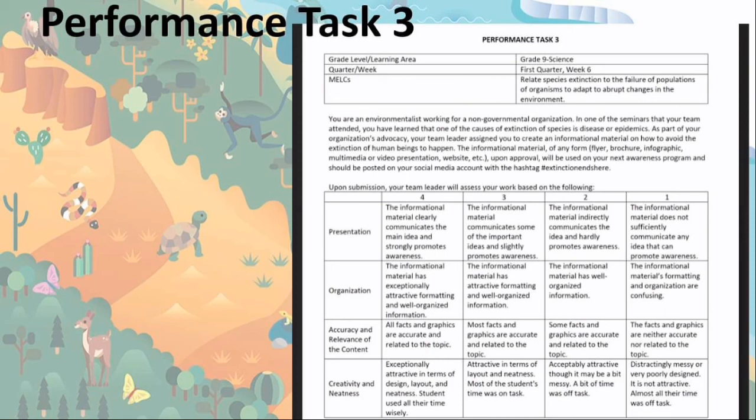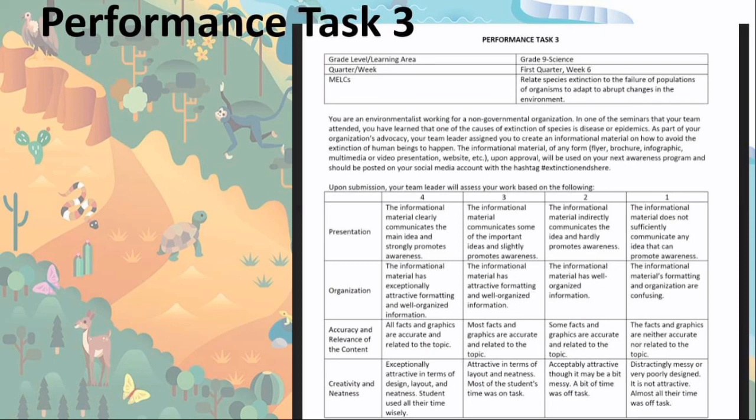So here, you are an environmentalist working for a non-governmental organization. In one of the seminars that you have attended, you have learned that one of the causes of extinction of species is disease or epidemics. As part of your organization's advocacy, your team leader assigned you to create an informational material on how to avoid the extinction of human beings.